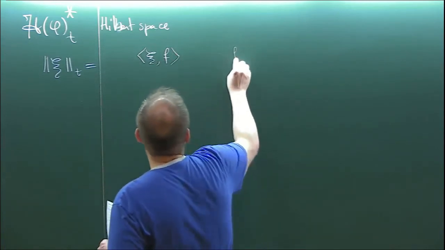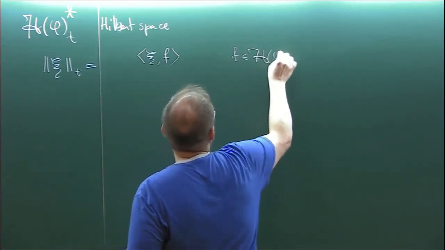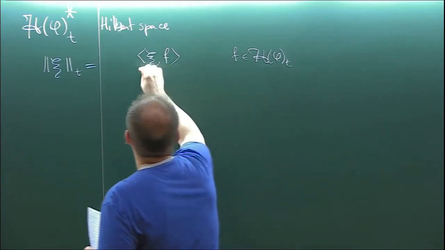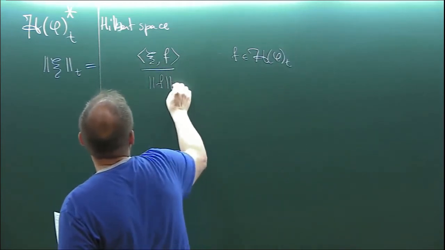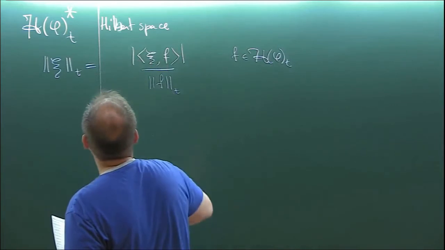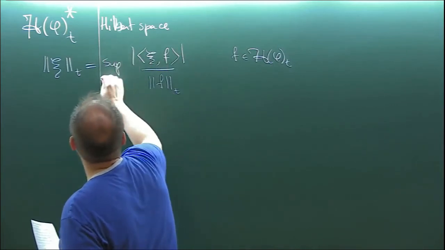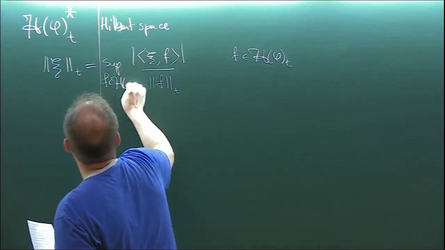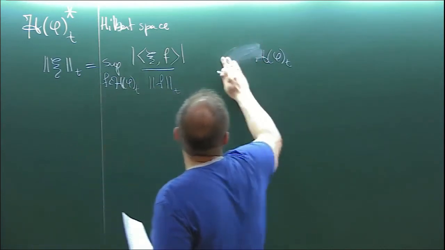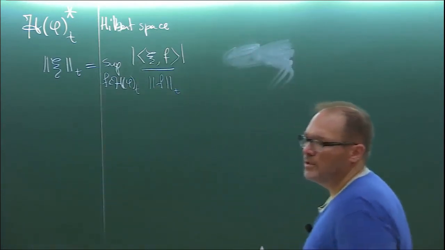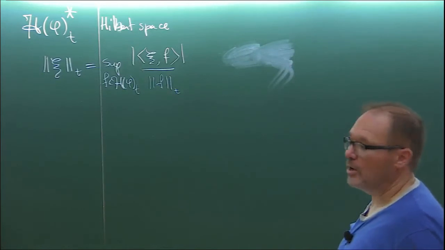So this f will be in h phi sub t. Then you divide by the norm sub t, take the absolute value squared, and then take the sup over all such f. So that's the usual operator norm.